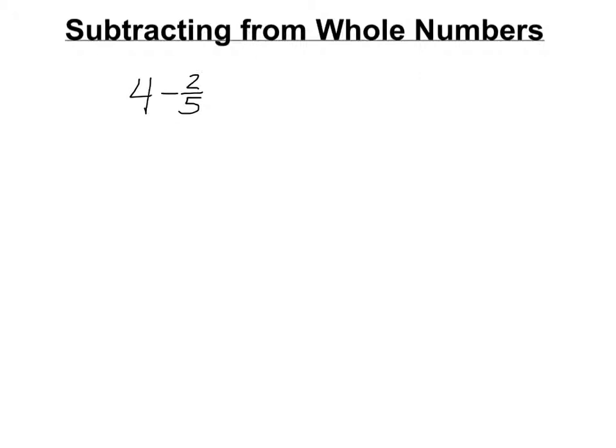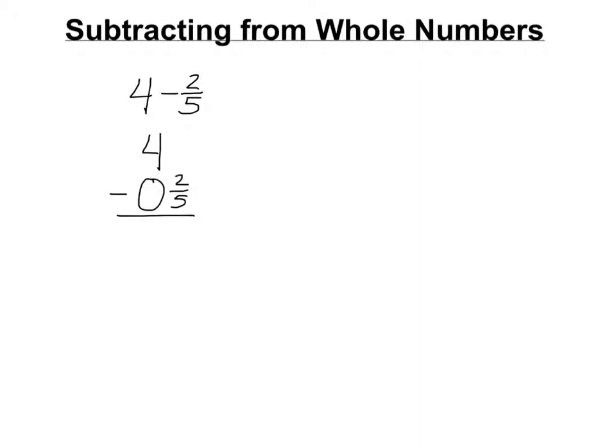What I would like you to do in this problem is to set it up vertically. So 4, and then underneath the whole number should be another whole number. But 2/5 doesn't have a whole number on it, which means that its whole number is really 0. And then we have the 2/5 out here.